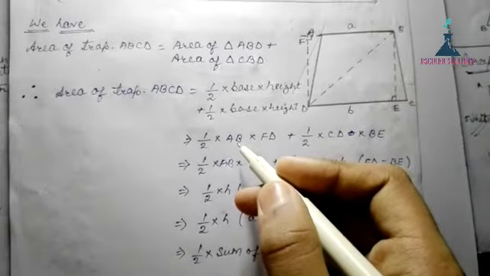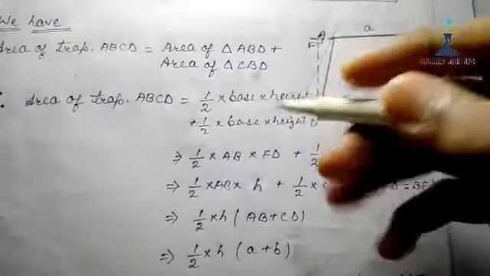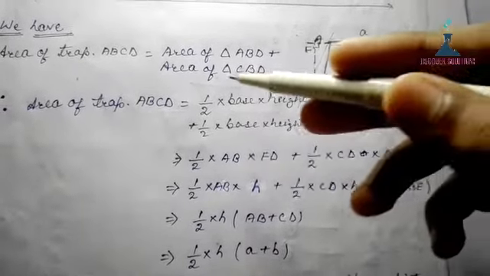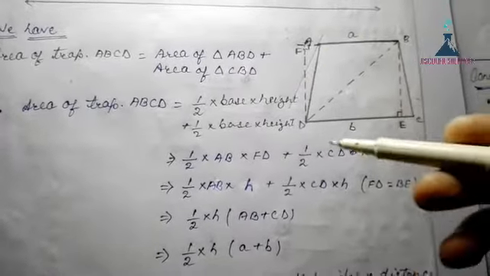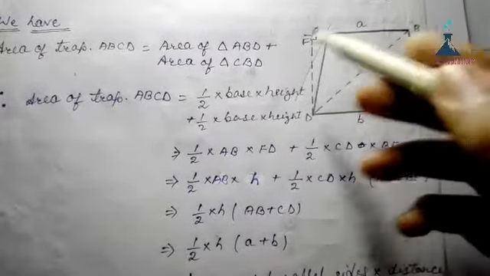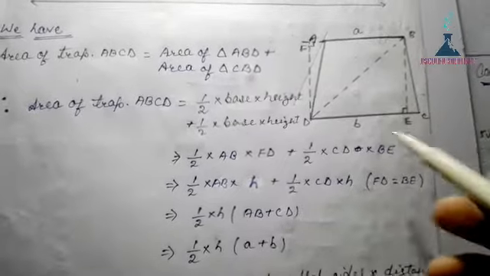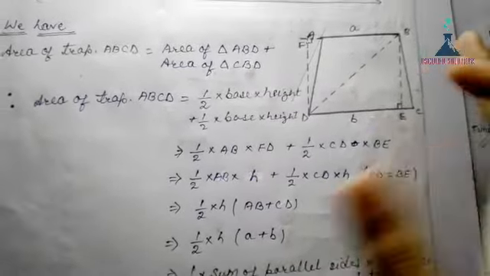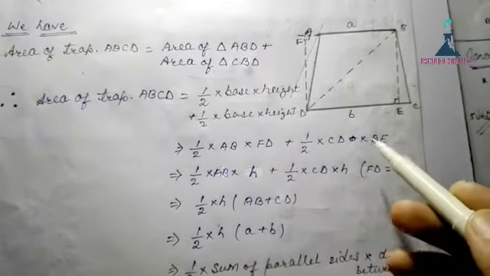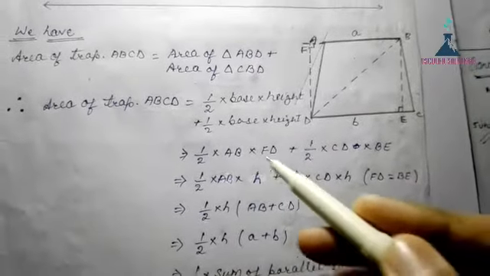Now in the case of triangle ABD, we have AB as base, and in the case of triangle CBD, we have base CD. So friends, we consider AB as a and we consider CD as b, as they are both the parallel sides. Now you can see half into AB into h, because FD is equal to BE, so we have taken both as h.